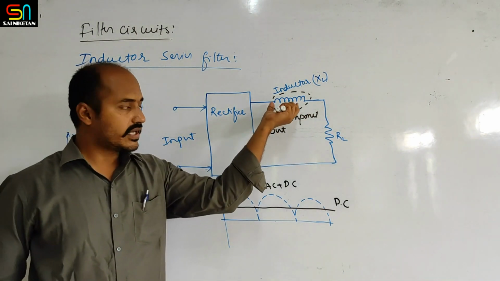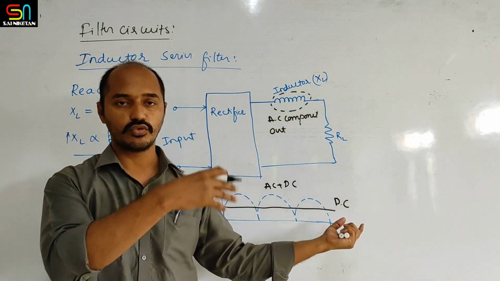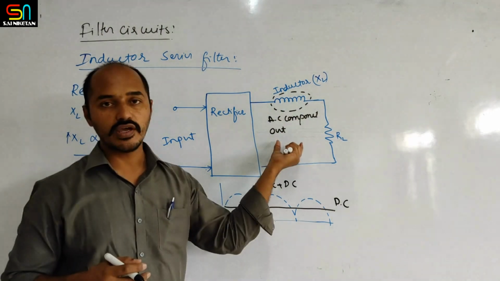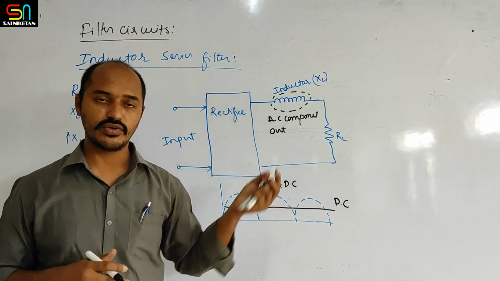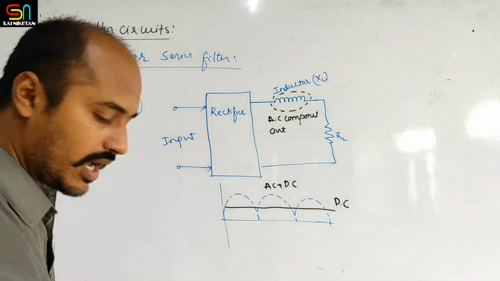So this inductor does not act on DC. It allows the DC to flow through it, but it does not allow AC to flow through it when its frequency is high. So this is regarding the inductor series filter.